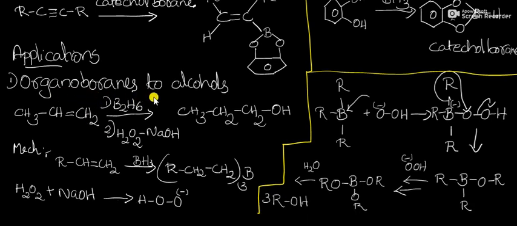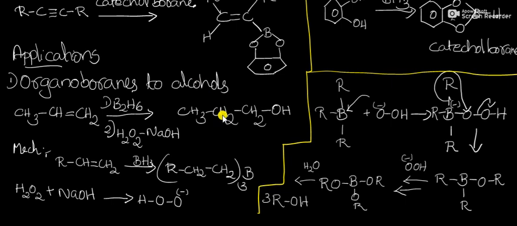First one, organoboranes into alcohols. If you add borane followed by hydrogen peroxide with a base, this borane will be converted into alcohol. That is, one ene will be converted into one ol. Alkene will be converted into alcohol.